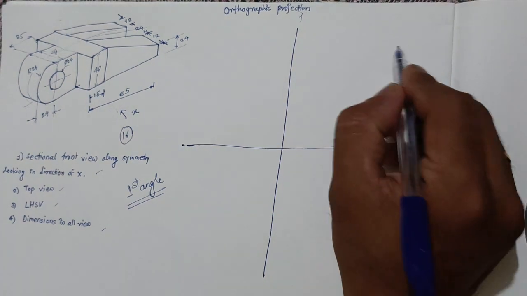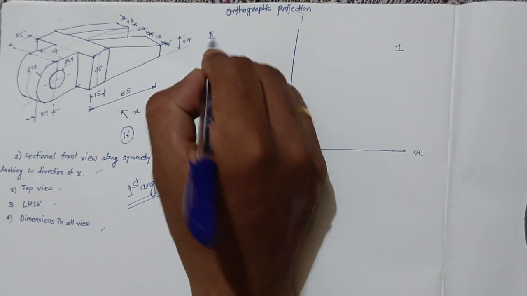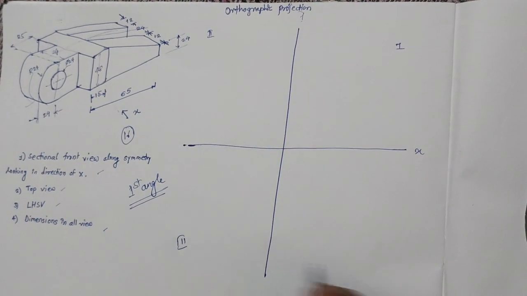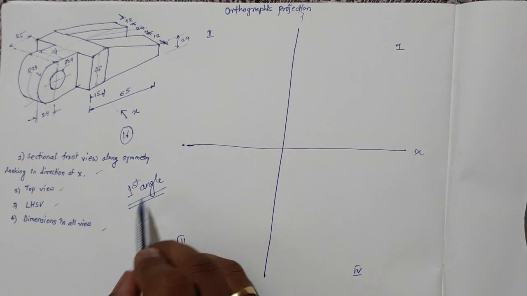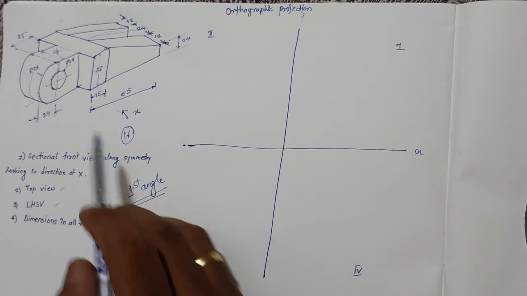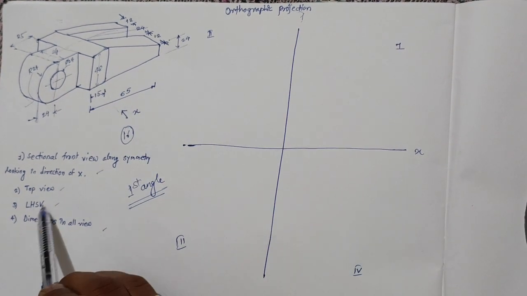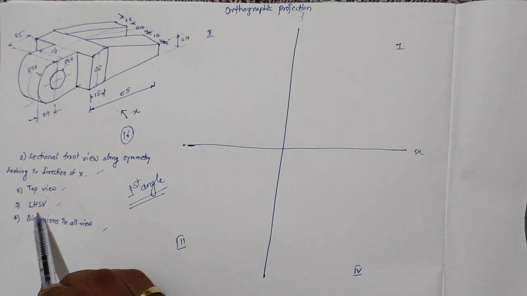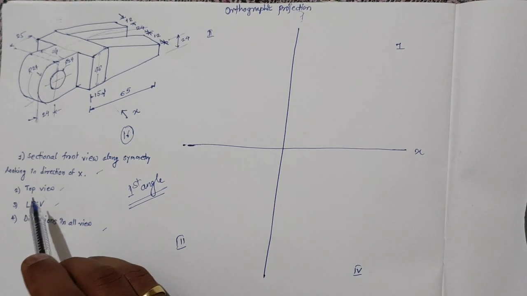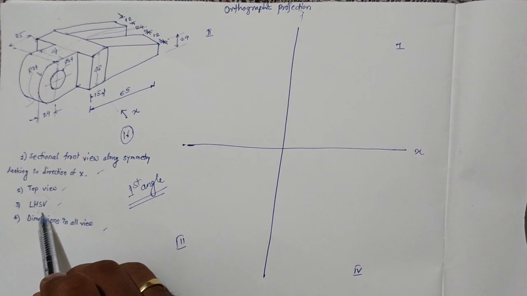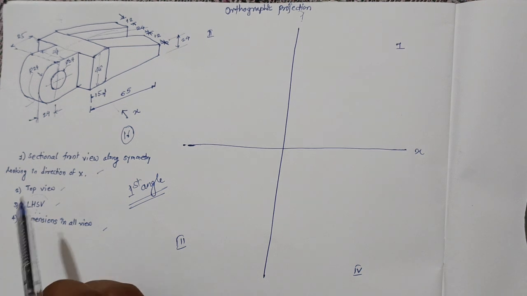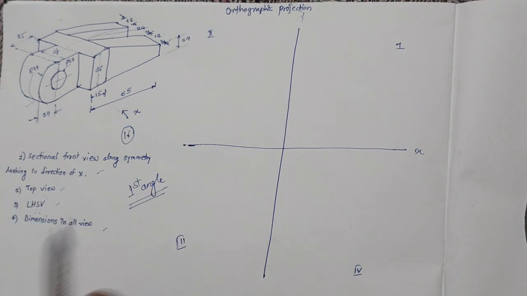Now, these are the four quadrants and this one is the fourth. As per the first angle method, we are going to draw the front view above the x-axis, but in parallel they are asking to draw the LHSV. We know that if I want to draw the left hand side view, it should be drawn at the right of the front view.